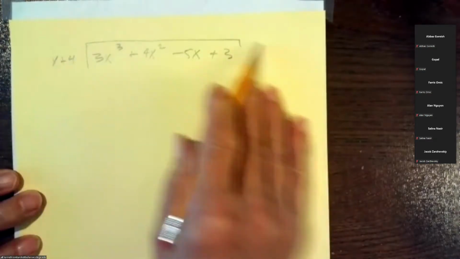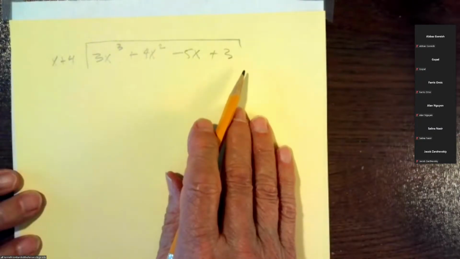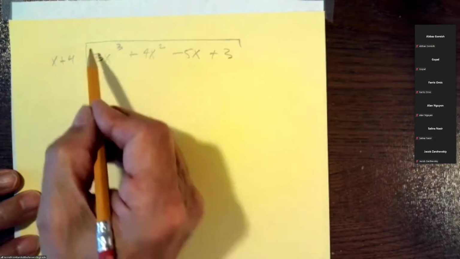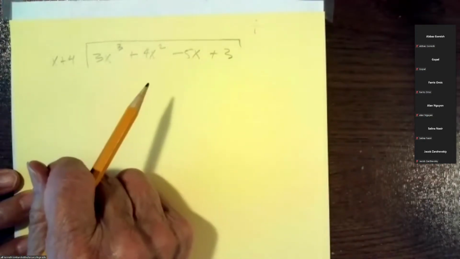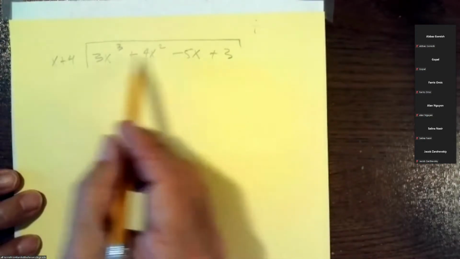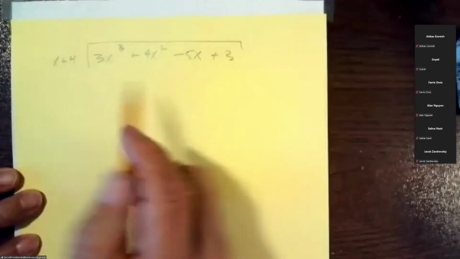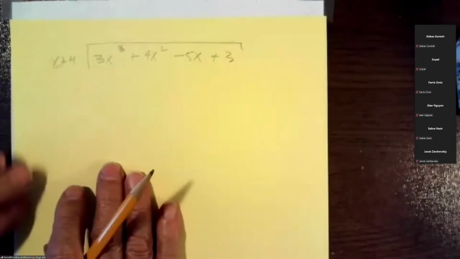Now you probably won't be given the problem in this format. You might just be given a polynomial with a paren around it, and then the division sign, and then a binomial x plus 4. And you'll change that into this kind of format so you can do the long division. So x goes into 3x cubed.